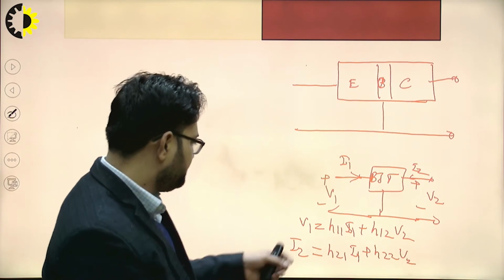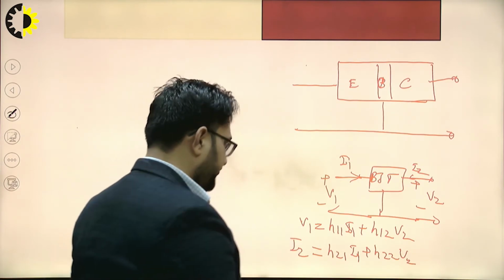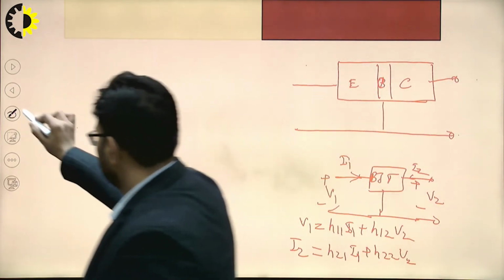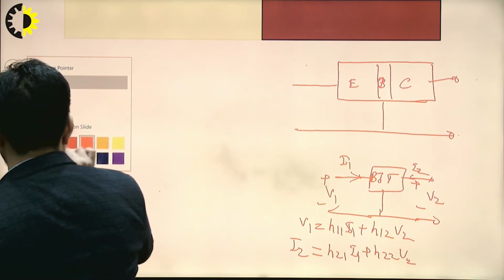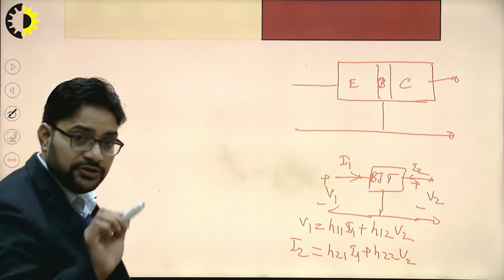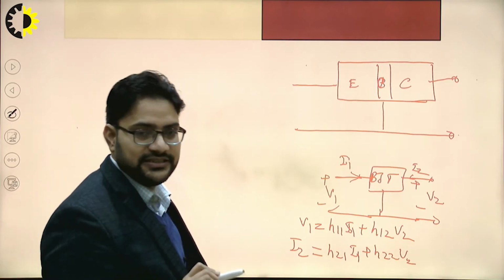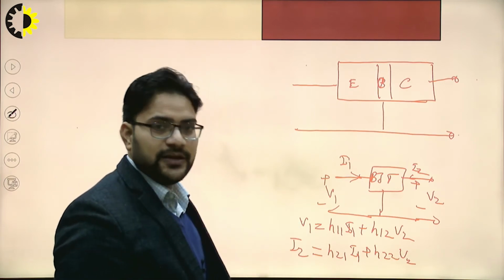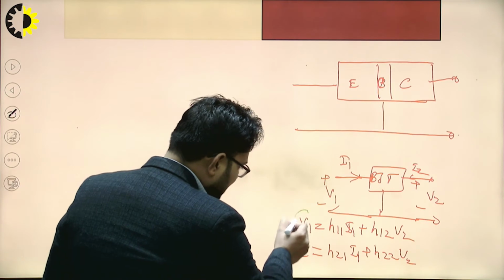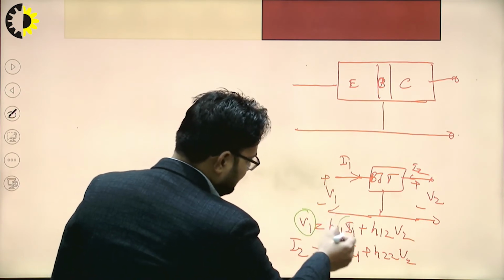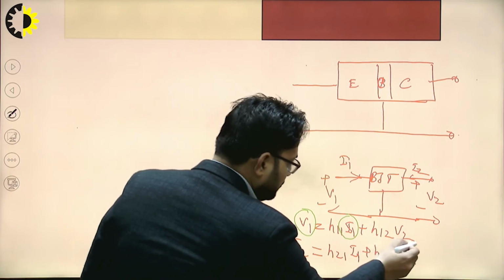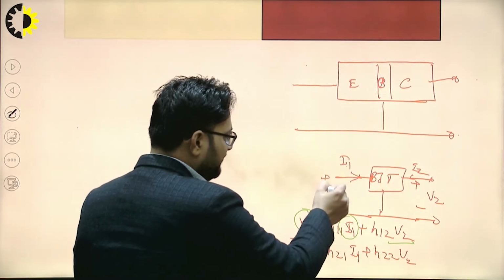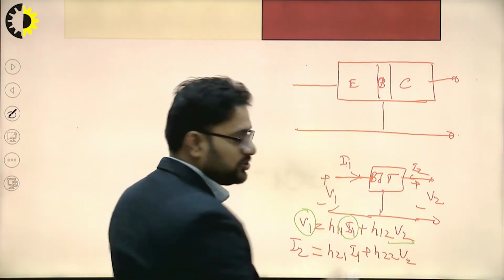So from here, we can see that the input characteristics of any transistor can be drawn like this. The input characteristic is between V1 and I1, while keeping V2 constant, that is, between I1 and V1, keeping the output voltage constant.